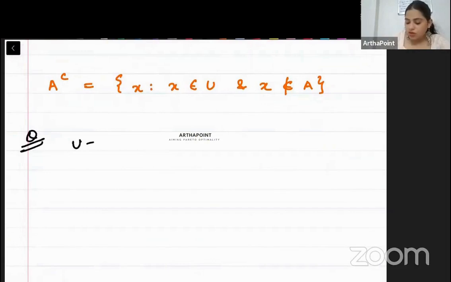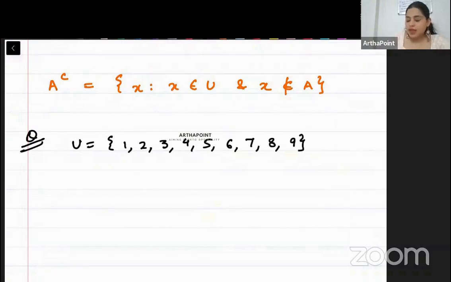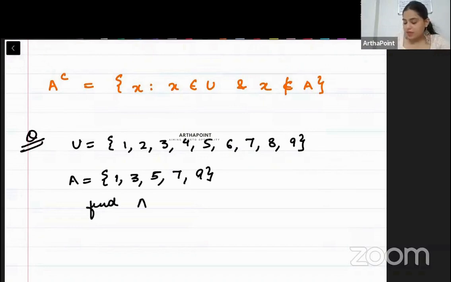So my union is 1, 2, 3, 4, 5, 6, 7, 8, and 9. And my A is 1, 3, 5, 7, and 9. And I'm asking, find A complement. So what will be A complement, beta?